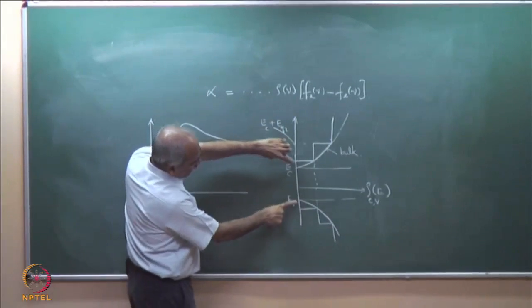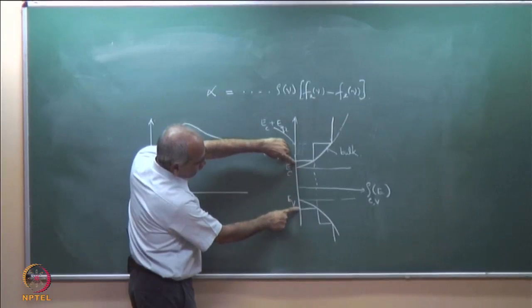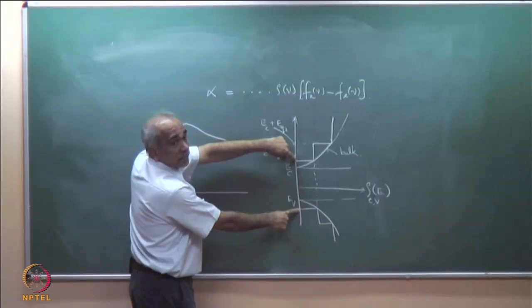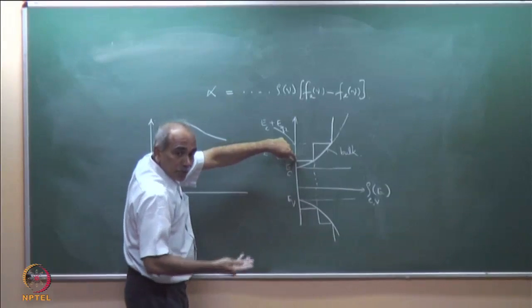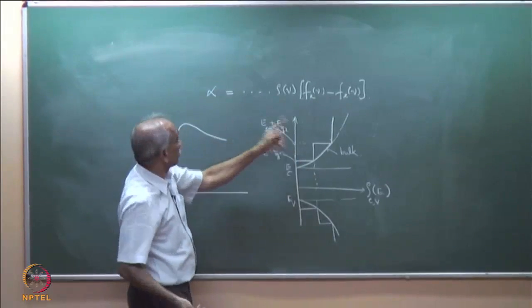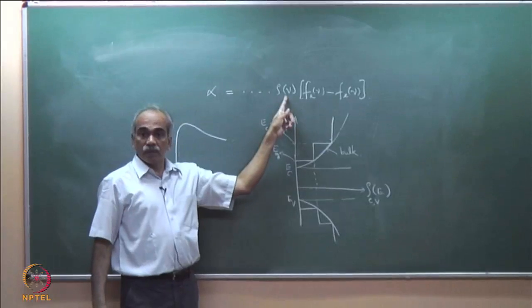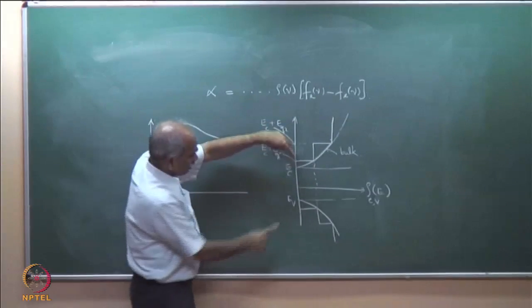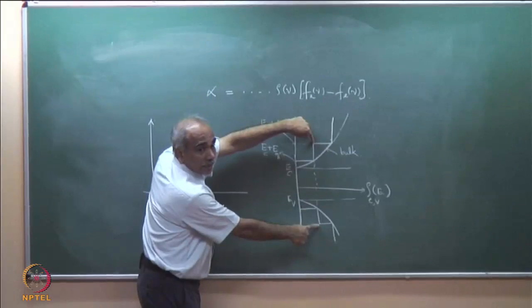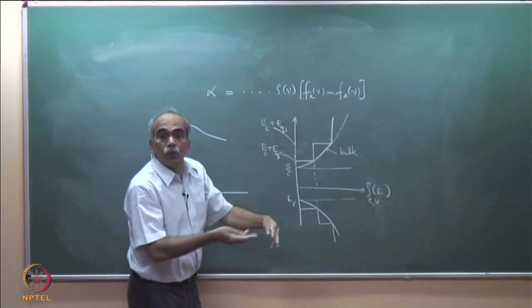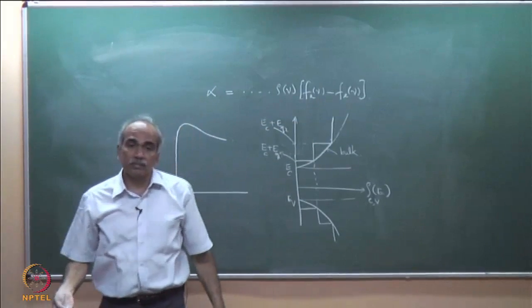For all energy from Eg up to this, the number of available states is constant, and therefore the absorption coefficient must also remain constant, and then suddenly the density of states increases, and therefore the absorption coefficient should suddenly increase.